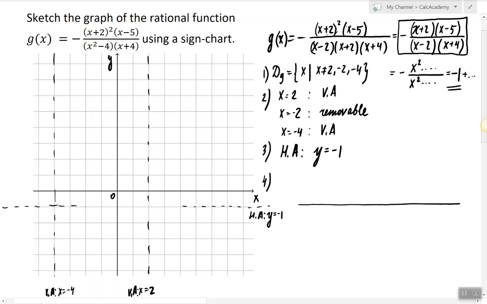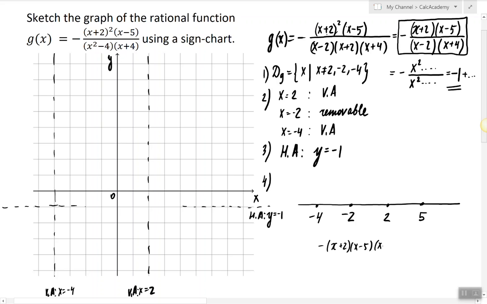Regardless of whether a factor comes from the numerator or the denominator, we label those points on the number line: 5, 2, -2, negative 4.